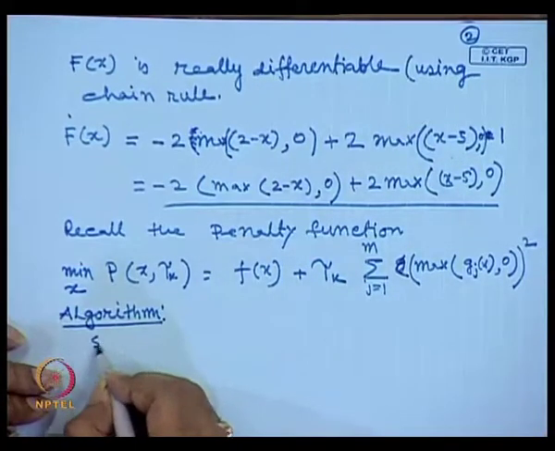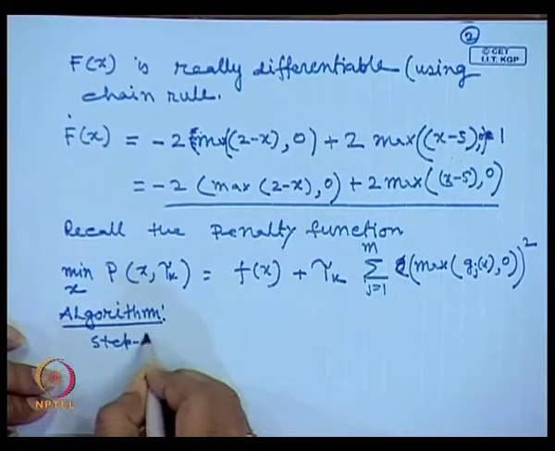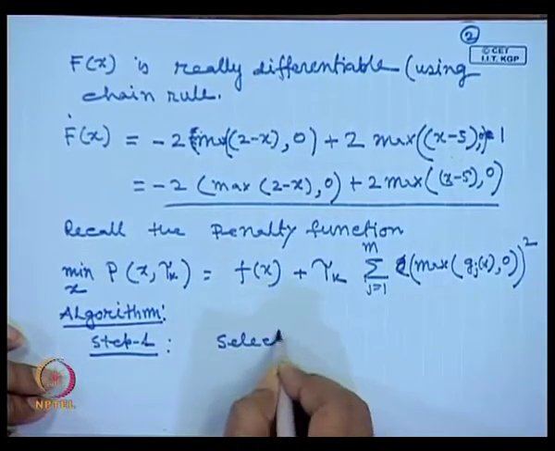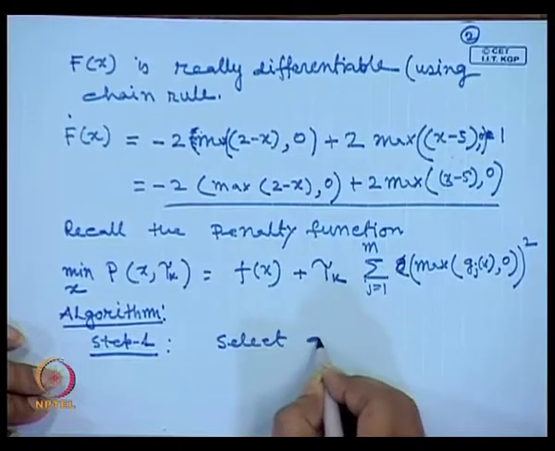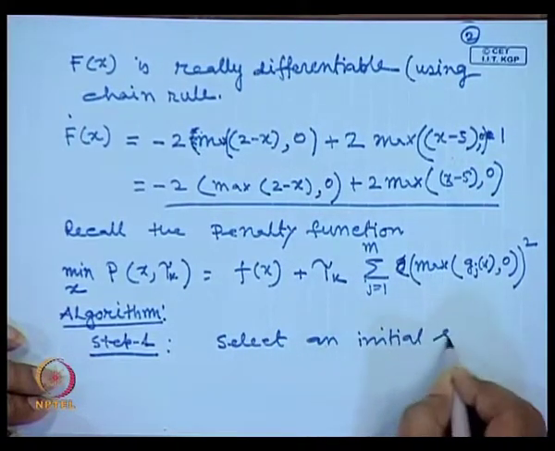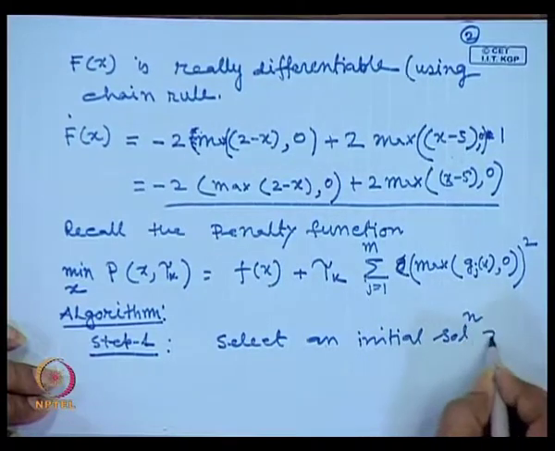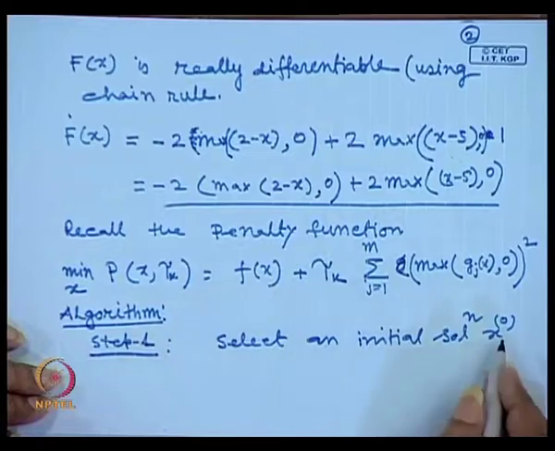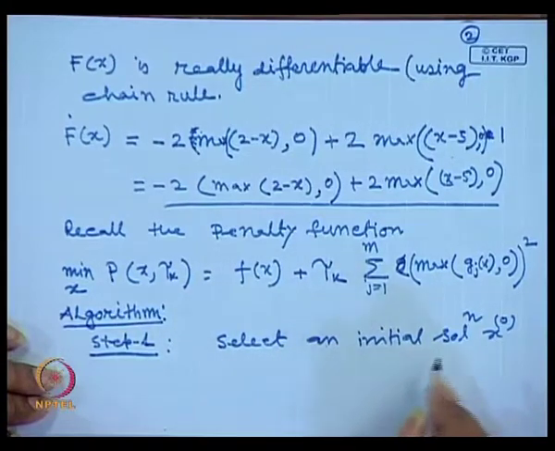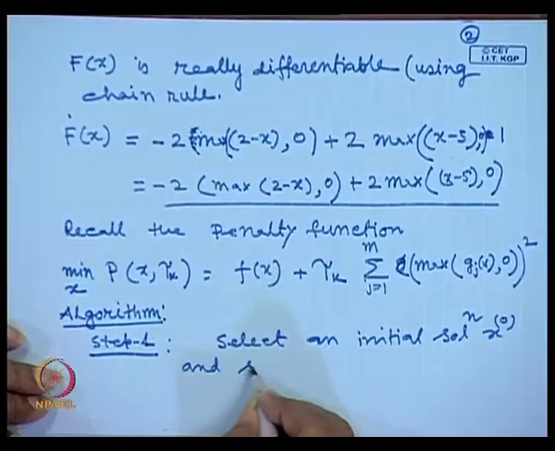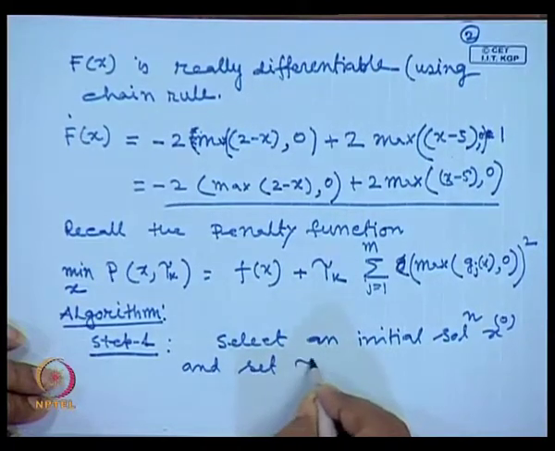So, our first step is: select an initial solution x superscript 0 which is outside the feasible region, and set tau 1.